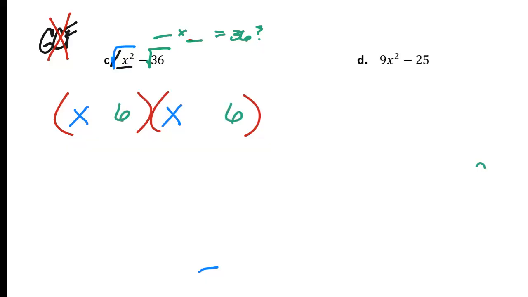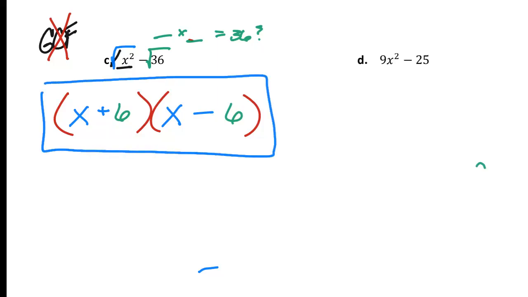That is your second term for both factors. Put a plus sign in here and a minus sign here, and that's your answer. Anybody have x plus 6, x minus 6? Yeah, that's not too bad, right?